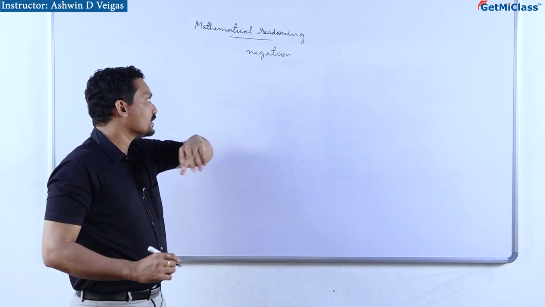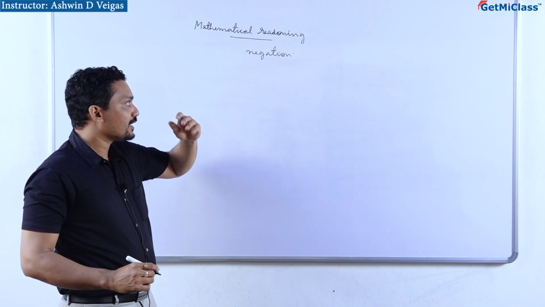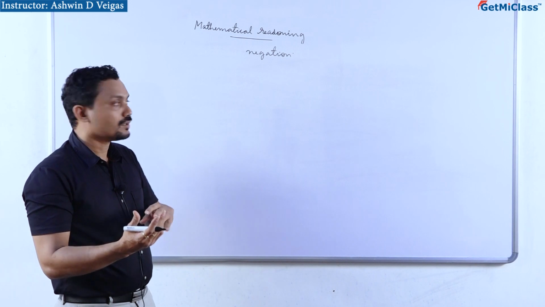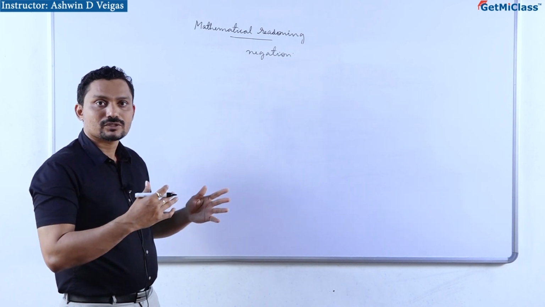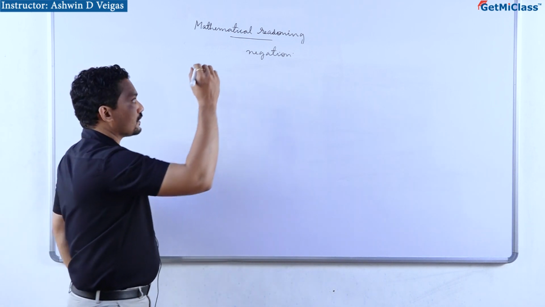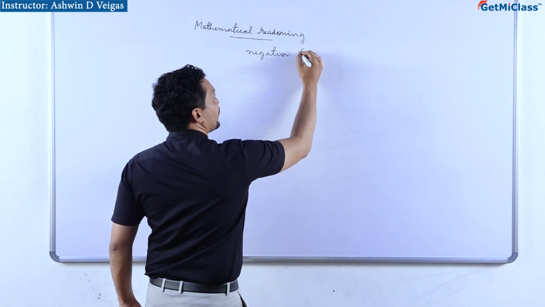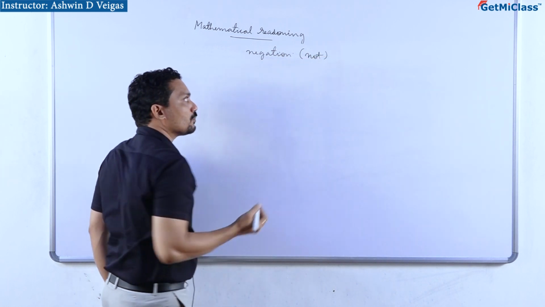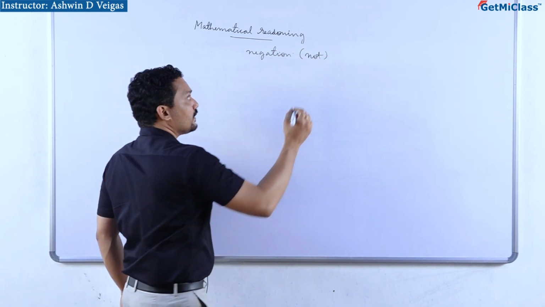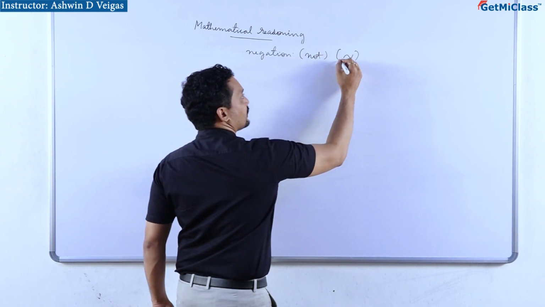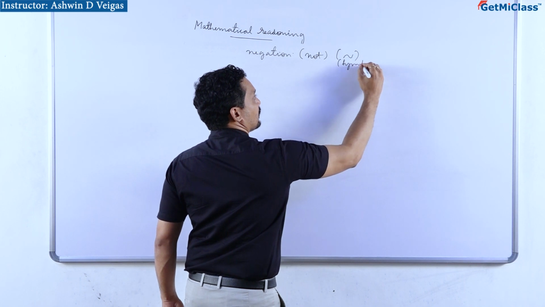Negation means when a statement is true, you have to give the corresponding false statement, and if the statement is false, you have to give the corresponding true statement. Usually negation is done by using the word not in the proper place, and this is the symbol for negation.